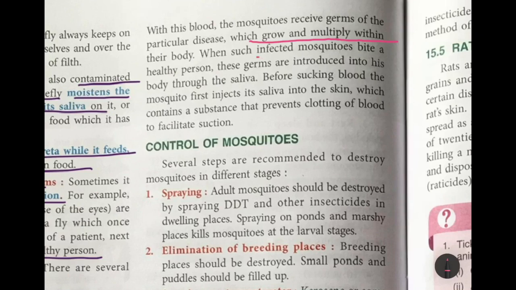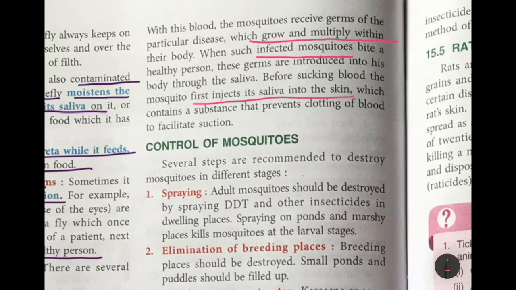So when such an infected mosquito bites a healthy person, the germs go into the blood through the saliva of the mosquito. Before sucking the blood, the mosquito first injects its saliva into the skin, and what is there in the saliva? The different germs which cause the diseases.